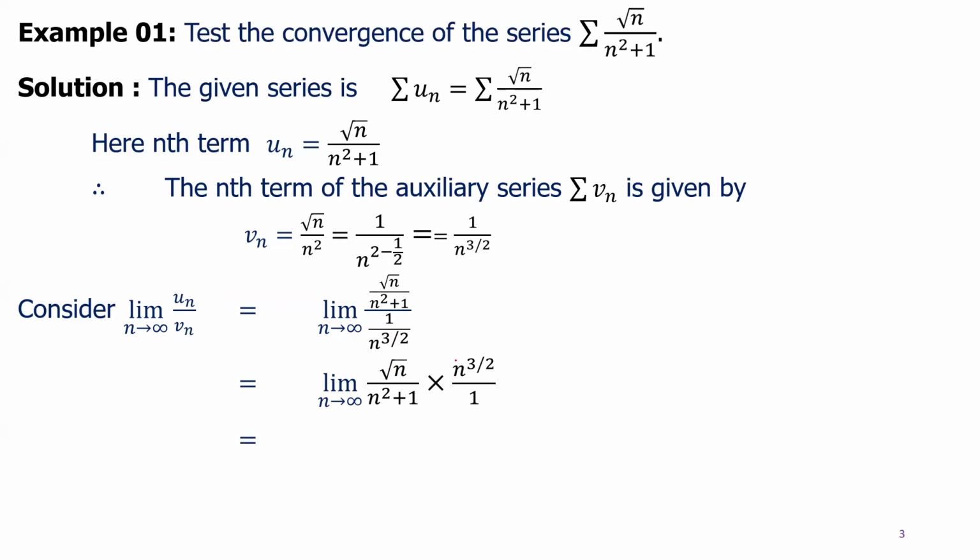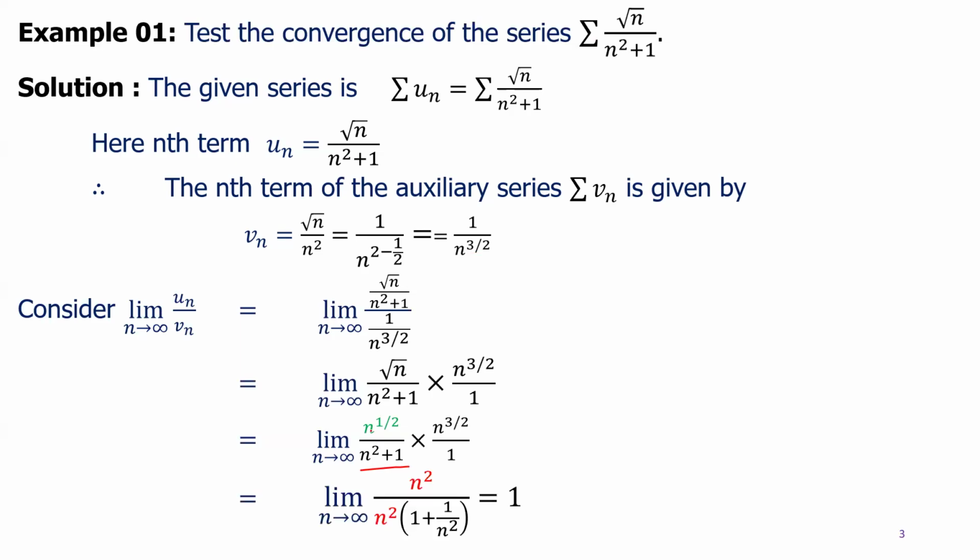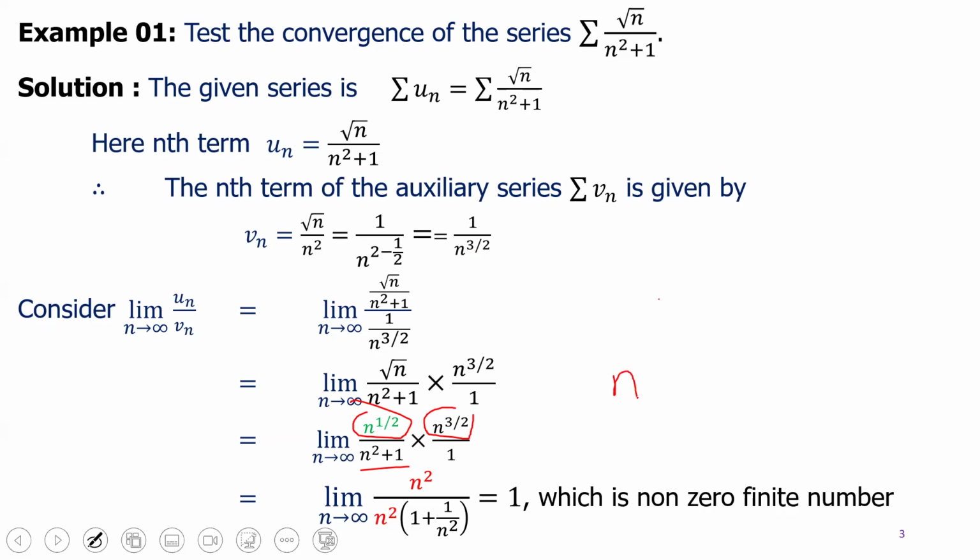Now again, n to the power 1 by 2 times n to the power 3 by 2, divided by n square plus 1. If you multiply n to the power 1 by 2 and n to the power 3 by 2, it is n to the power 1 by 2 plus 3 by 2, which is n to the power 4 by 2, which is equal to n square.